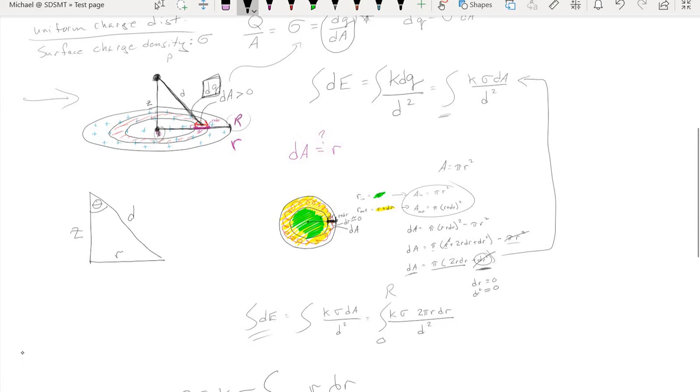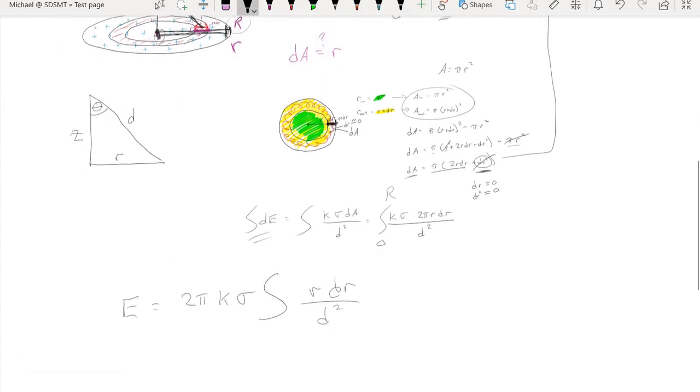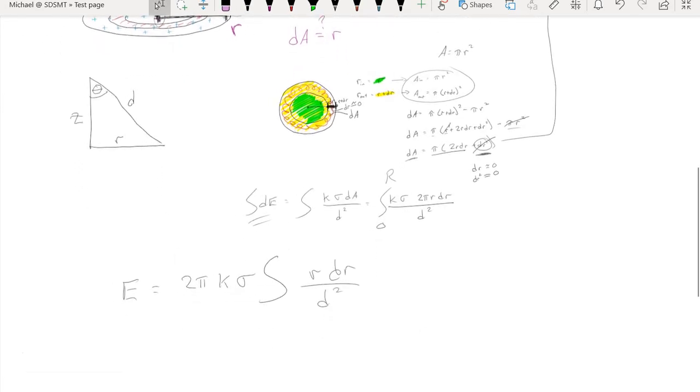And because we're going to be integrating from 0 out to big R, as little r changes, theta will change and d will change. So I need to figure out how I'm going to represent d squared in terms of r and preferably z, because z is a constant.